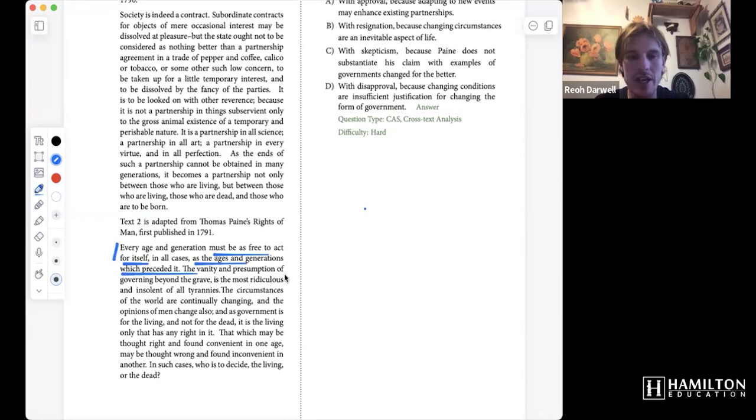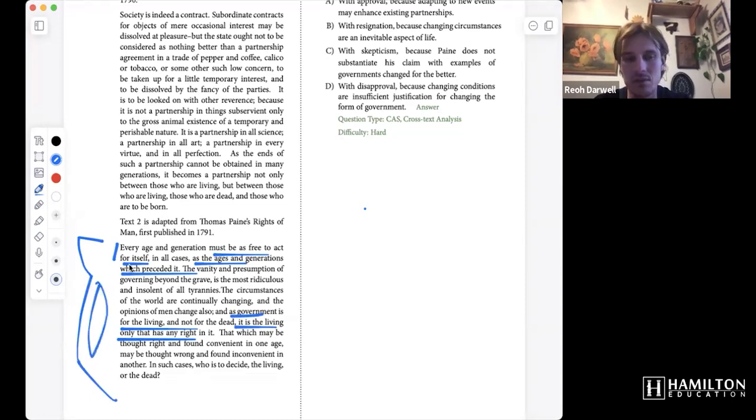The vanity and presumption of governing beyond the grave is the most ridiculous and insolent of all tyrannies. The circumstances of the world are continually changing, and the opinions of men change also. And as government is for the living and not for the dead, it is the living only that has any right to it." Okay?